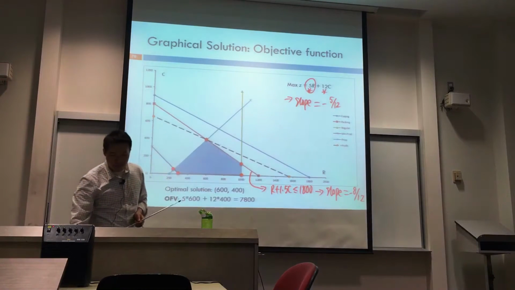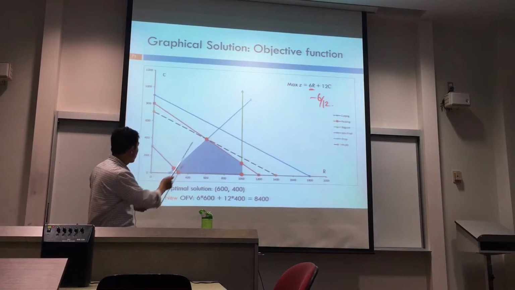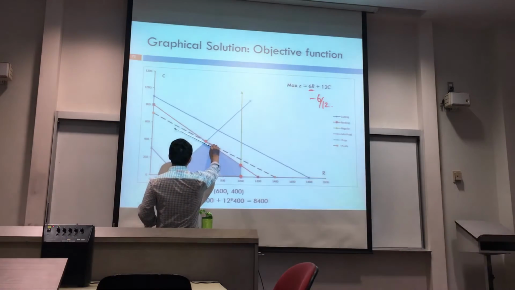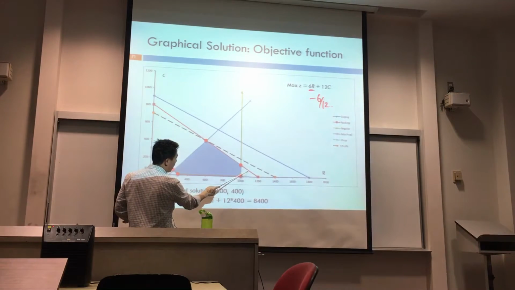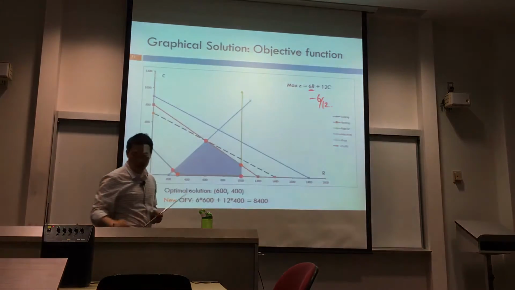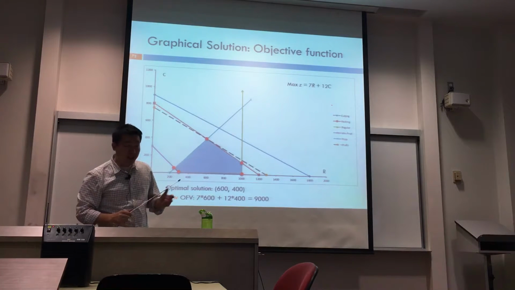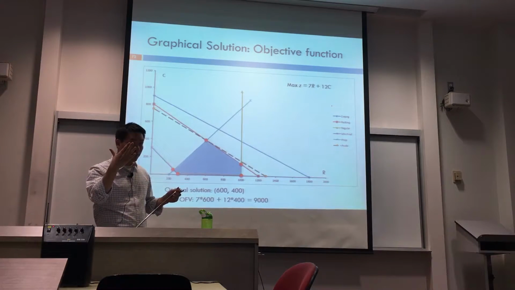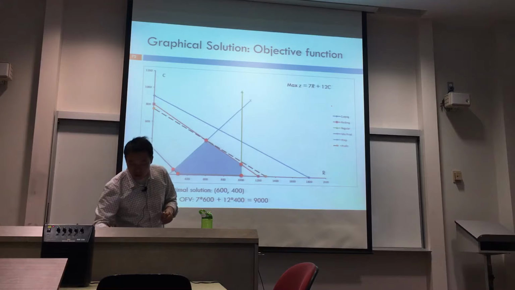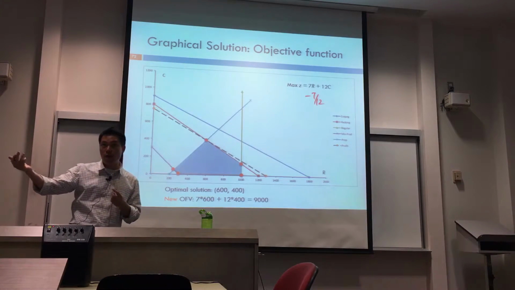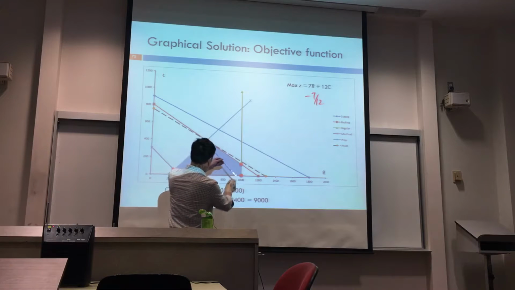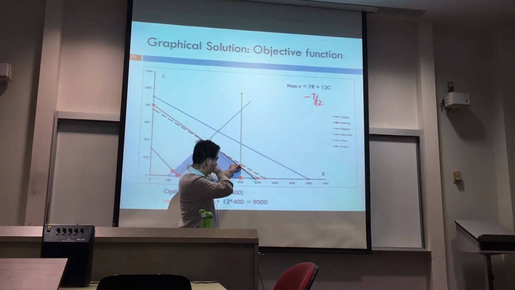So when it's 6, you move closer to this packing line. You make it 7, closer. If it's 7, the slope is minus 7/12, which is closer to minus 8/12, which is the slope of this red line, right?